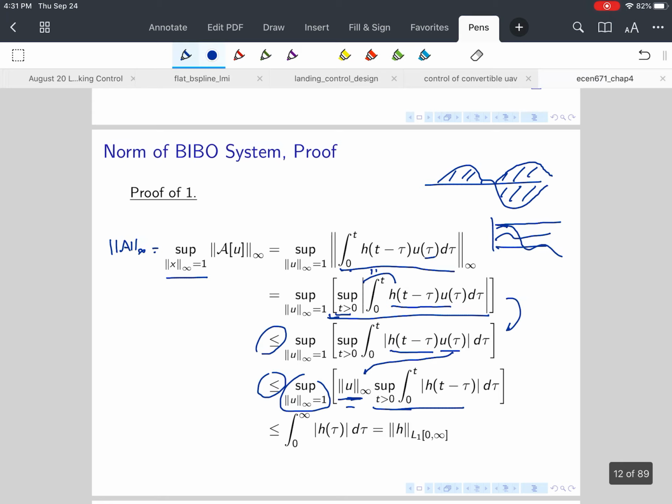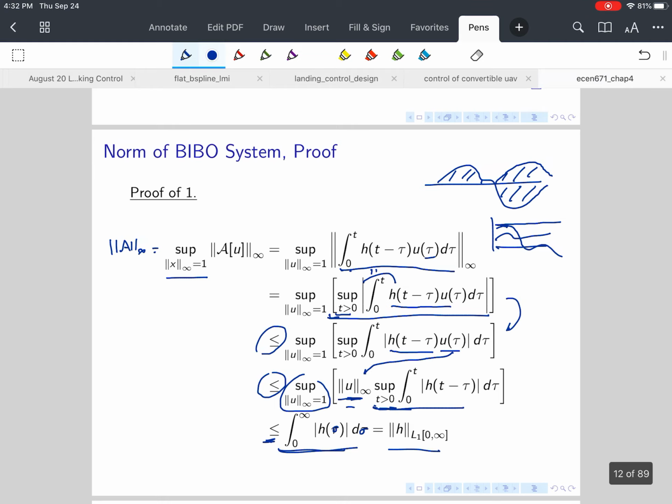And this is going to be less than or equal to, since this is the supremum for t greater than 0, if we were to go all the way out to infinity, then it's going to be less than or equal to the integral of h of tau. We've just done a change of variables here, t minus tau equal to, we could think of this as now a sigma, where sigma is equal to t minus tau. And what's this guy?